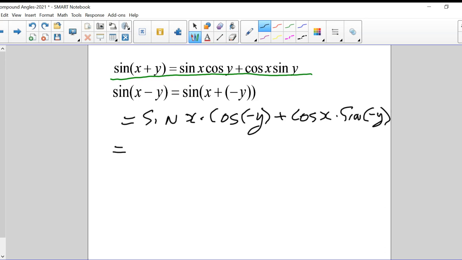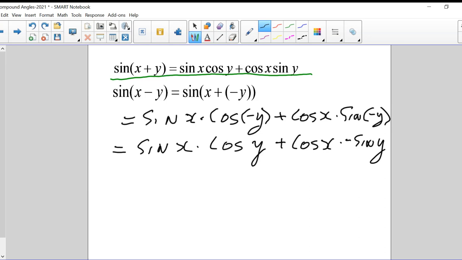Now here's where what I just taught you is going to come in handy. The cosine of minus y is just simply the cosine of y, because cosine is an even function, so it doesn't change anything when you put a minus y into the function. Still cosine of y. Now, the sine of minus y though, so this is plus the cosine of x. The sine of minus y though becomes minus the sine of y.